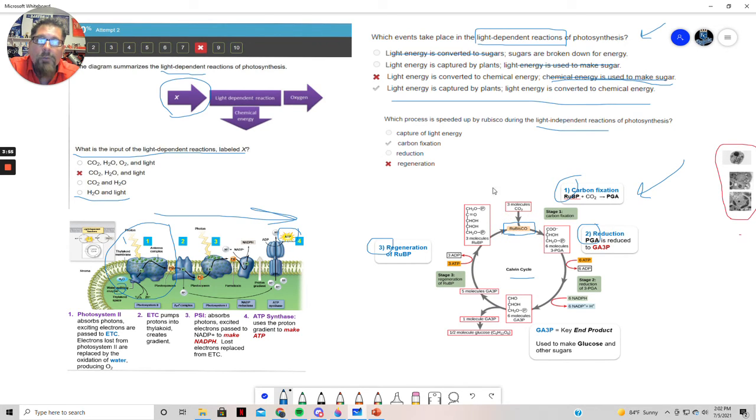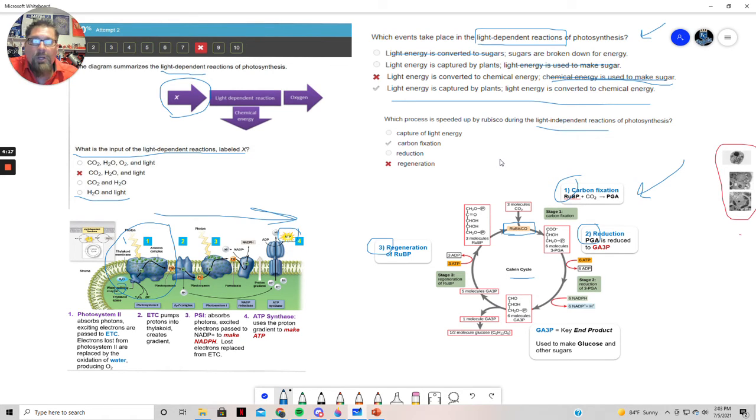And essentially what we have here is the carbon dioxide that was taken in is added to this RuBP to make Rubisco. The Ru and the B is the enzyme, and then the CO is the carbon dioxide to make this.